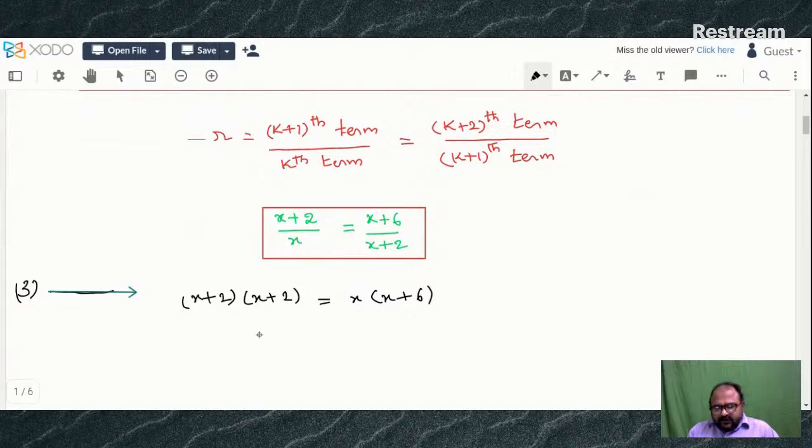On the left hand side, can you write it as x plus 2 whole square equal to, on the right hand side, x square plus 6x. Now, do you know the formula a plus b whole square? It is a square plus 2ab plus b square.